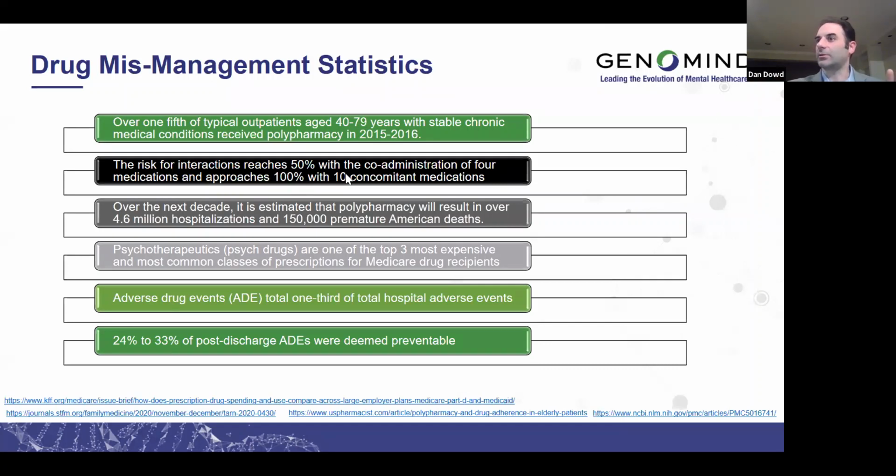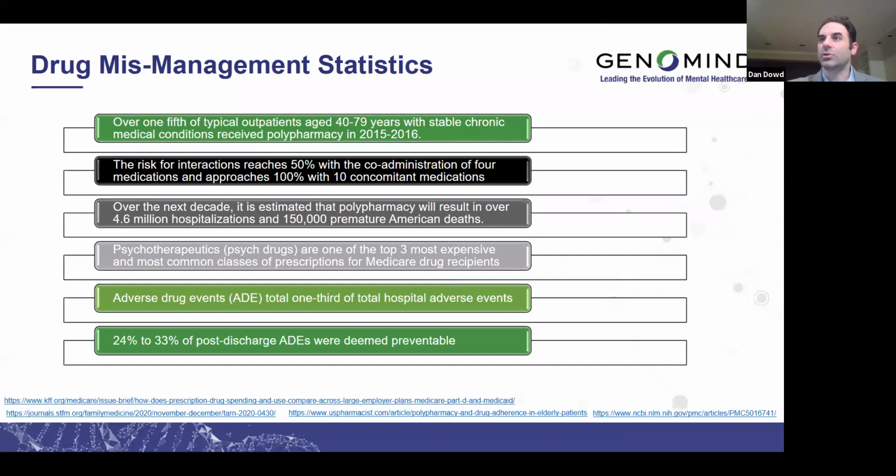10 or more drugs may sound ludicrous, but there are quite a few people, especially in the Medicare population, that are on greater than 10 medications. Over the next decade, it's estimated that polypharmacy will lead to over 4.5 million hospitalizations and 150 deaths. Psych medications, so psychoactive substances, are the third most expensive class of medications for Medicare recipients.